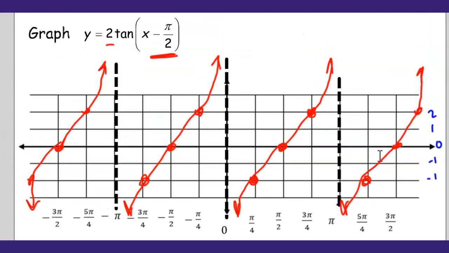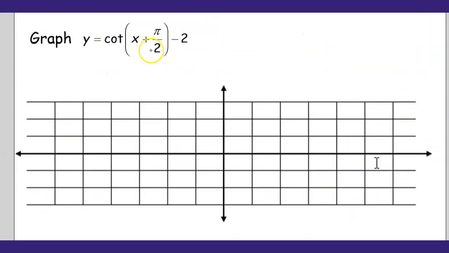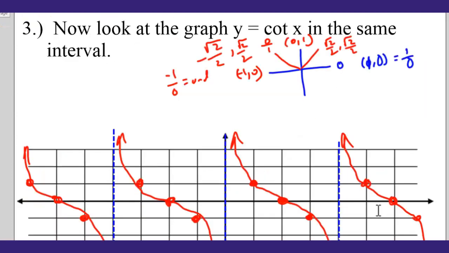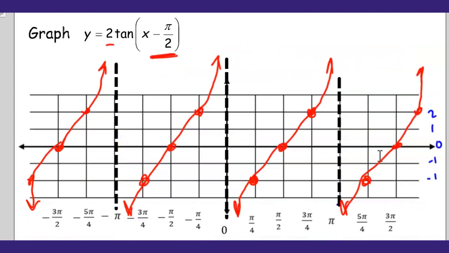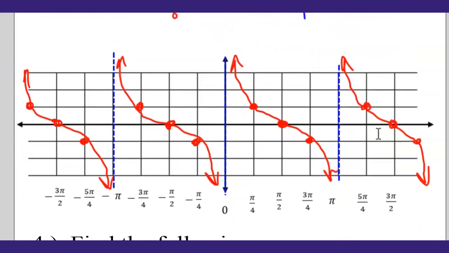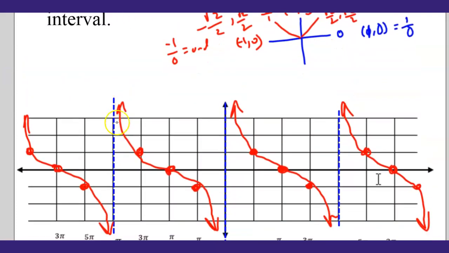One more example. Let's move cotangent. This time we're going to move it to the left by pi halves and then down 2. So if you go back to the cotangent graph, you'll see right here that we have to move all the asymptotes by half to the left.